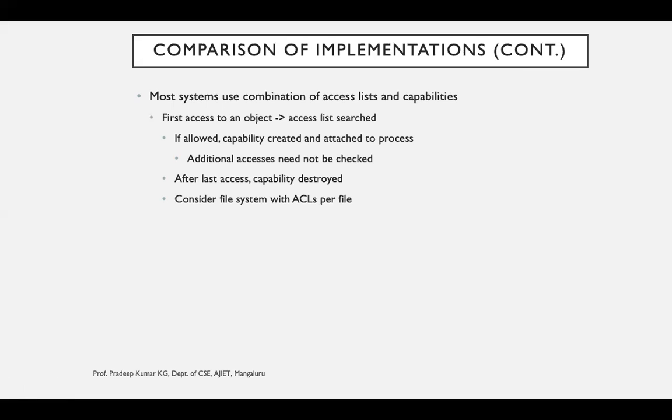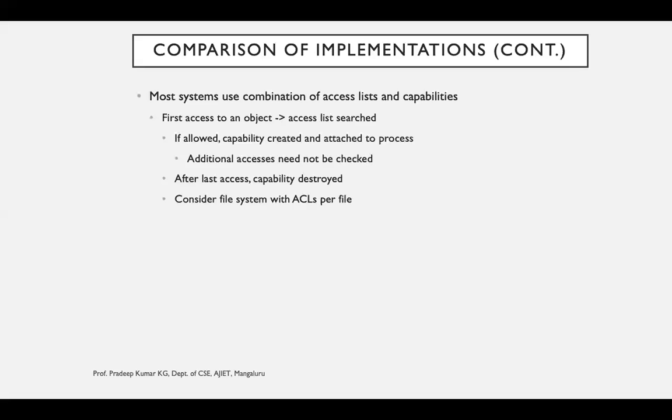So each and every time we can go with this combination setup of access list and capability list. The access list is nothing but each object having a set of domains with their access rights. A capability is nothing but a key and lock pair. We can have a combination of these two. How do we make the combination?